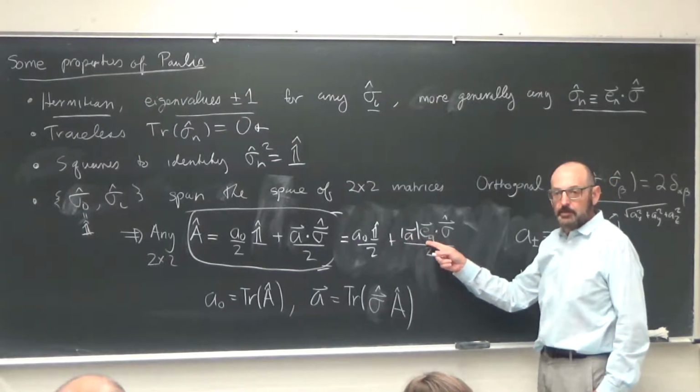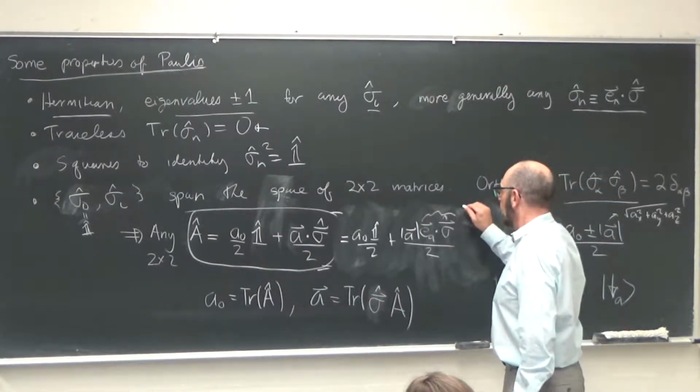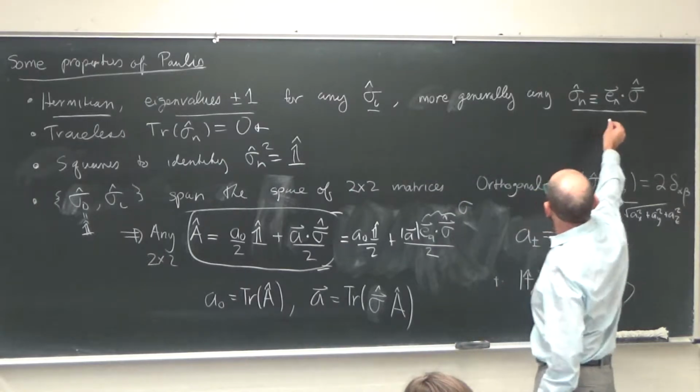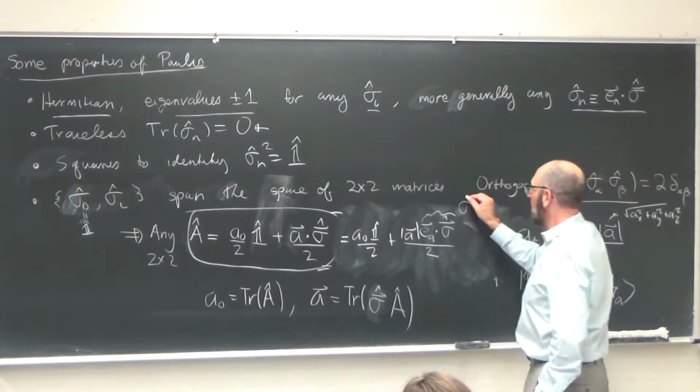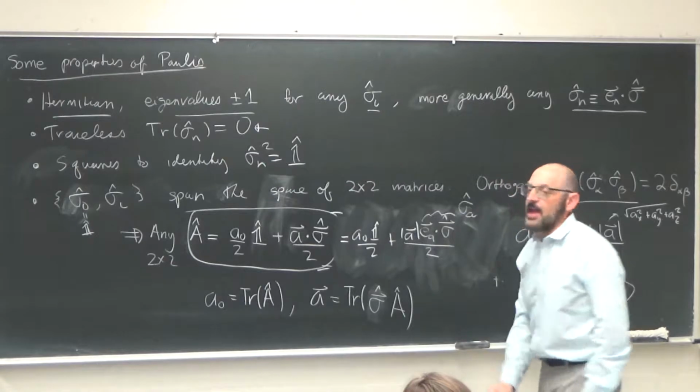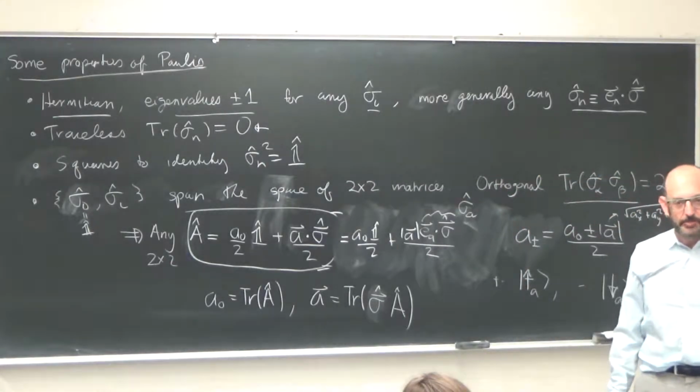Okay? This, as we wrote up here somewhere, is the Pauli matrix along the direction A. Okay? That's what that means.